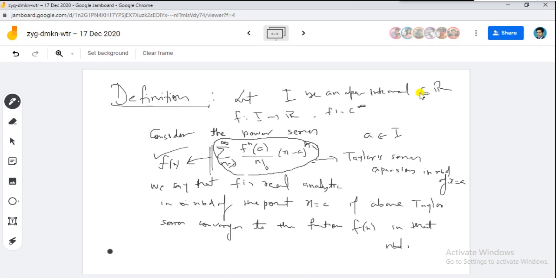So maybe this is an exercise for you to think over. Give an example of a C infinity function which is not analytic.